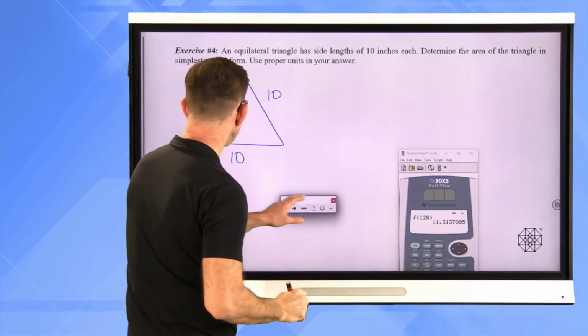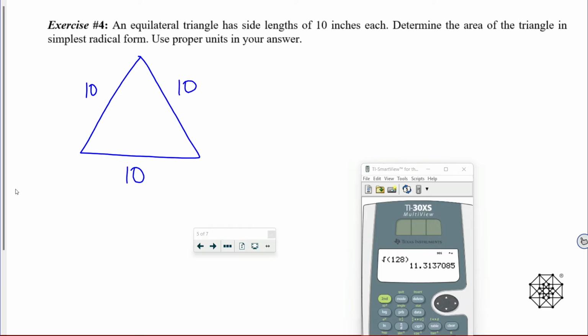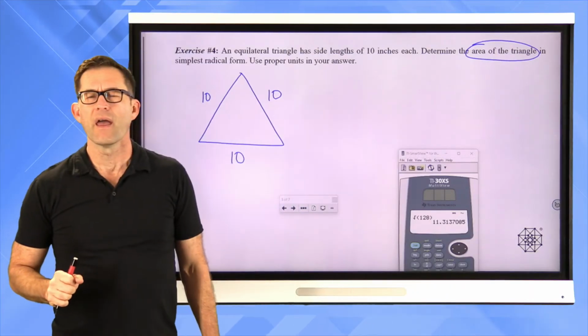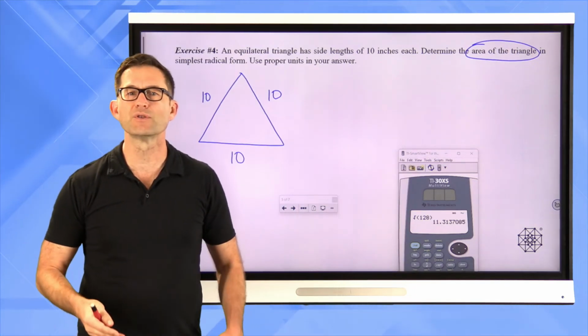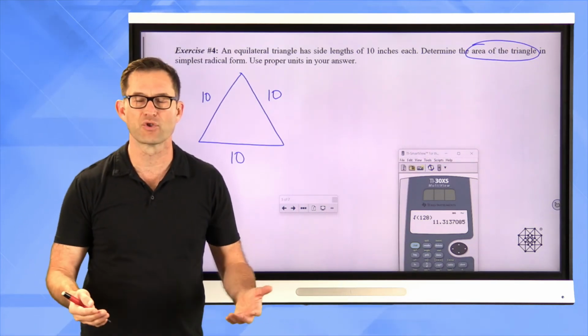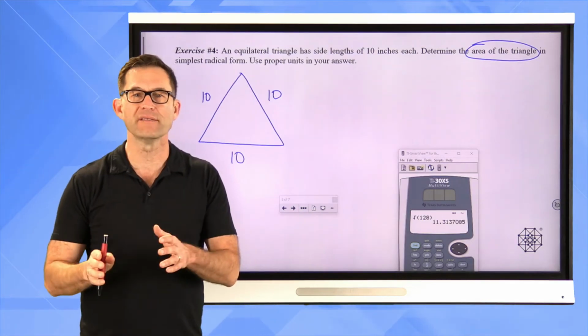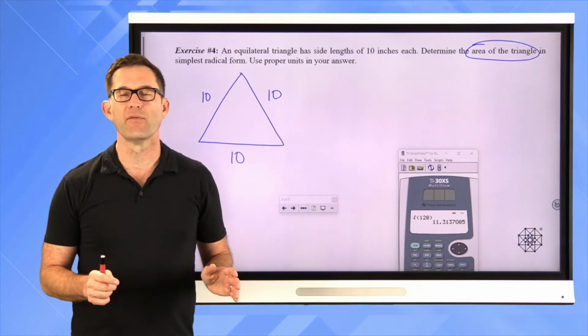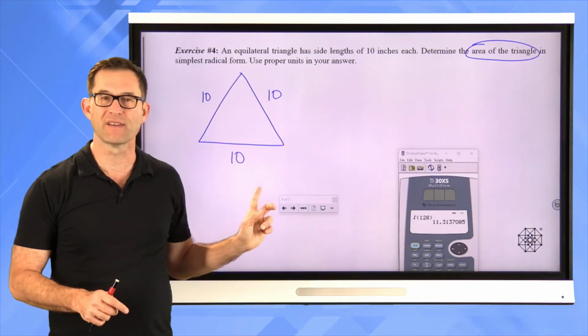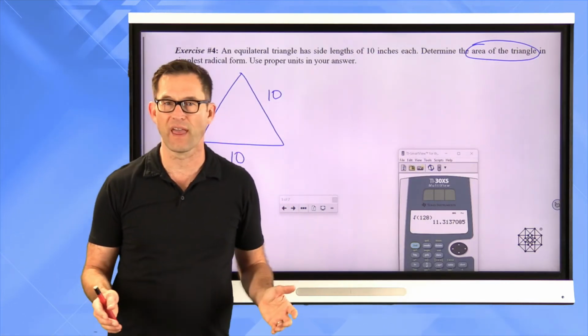Okay, great. Now, notice what they're asking us for is the area of the triangle, right? And I'd like to remind you, you are in high school geometry at this point, right? You're supposed to know how to calculate the area of a triangle, and it's 1/2 base times its height, right? Hopefully nobody at this level is thinking it's 1/2 10 times 10, right? That just wouldn't be the case, right?